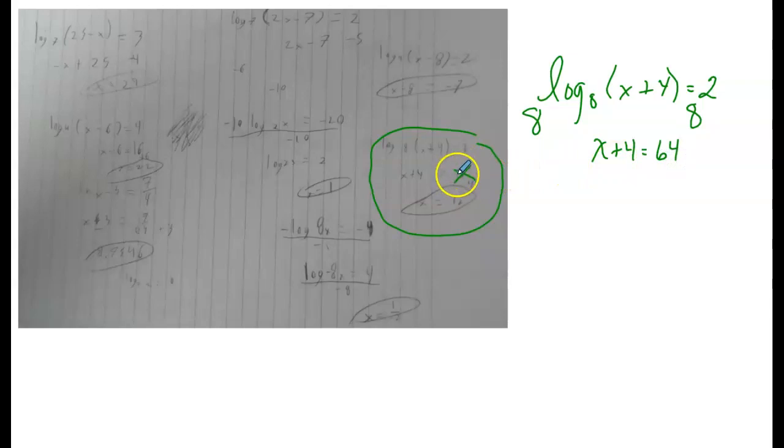Right here, the 16 would come from multiplying 8 times 2. That's not what we're doing. We're taking the base, which was 8, and raising it to a power of 2. That's what it means to exponentiate. Okay, then we can subtract 4 from both sides to get x by itself, and x then is equal to 60.